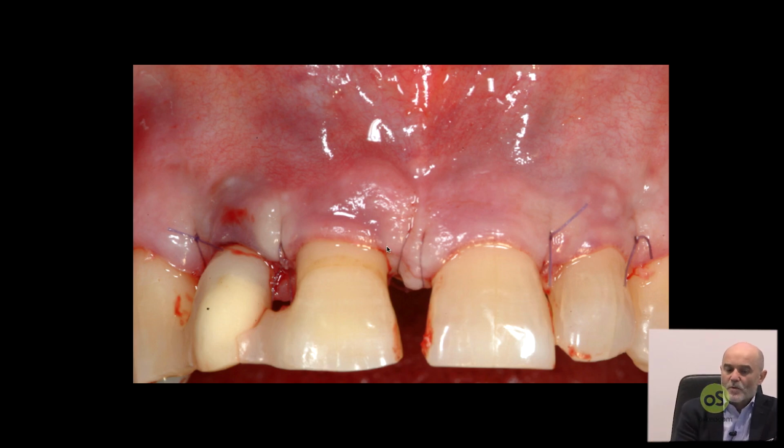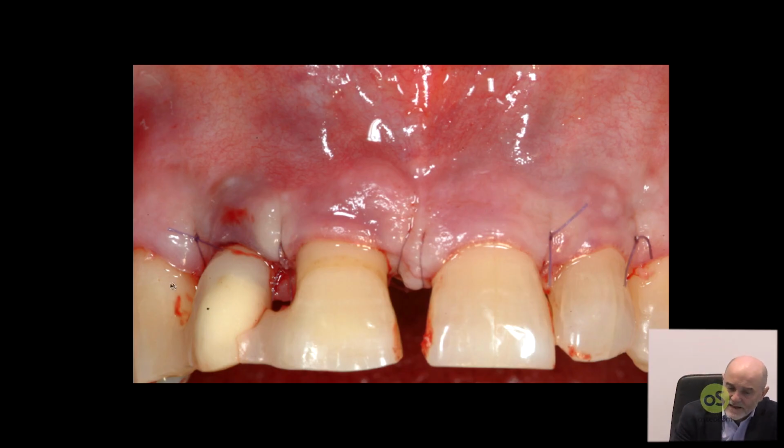Obviously, the position of the last split thickness papilla, that one covering the defect, does not depend on the bone crest, does not depend on the material you place inside the defect, but depends only on the most coronal position of the anatomic disepithelialized adjacent papilla.